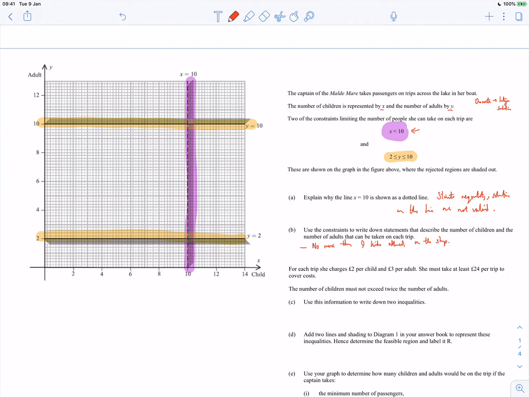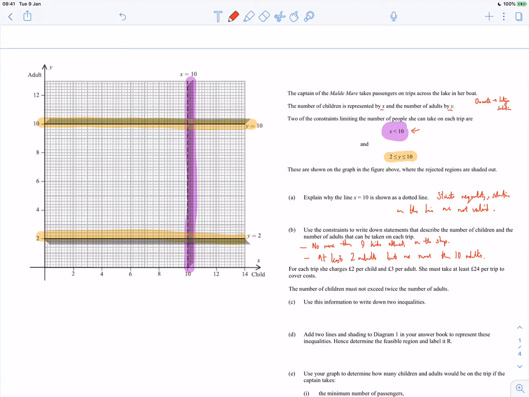So win, lose or draw, you can't have 10 or more kids on the ship. And the second constraint is at least 2 adults, but no more than 10 adults are allowed. So you can have anywhere between 2 and 10 adults, but you've got to have less than 10 kids on the ship, 9 kids or less.